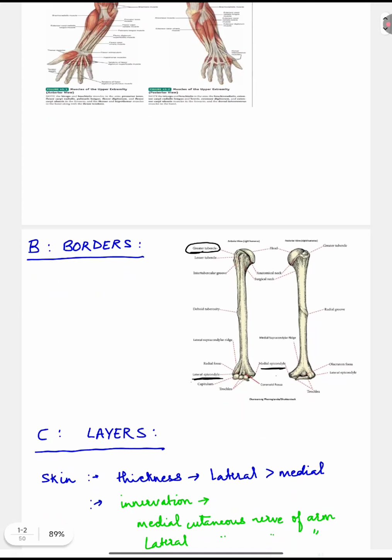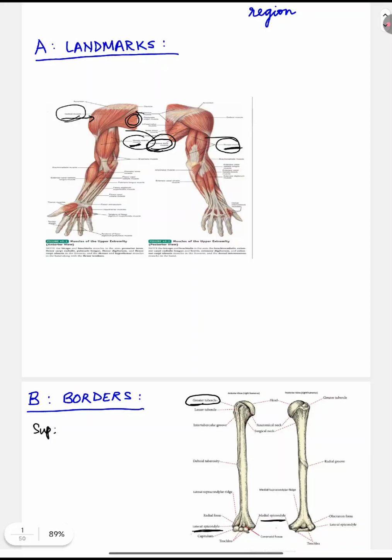Now borders. Superiorly, when we draw a horizontal line from the pectoralis major and latissimus dorsi muscle, that would be the superior border.